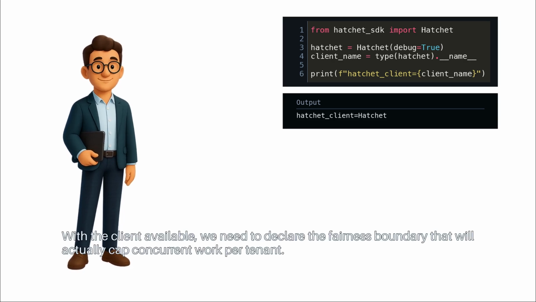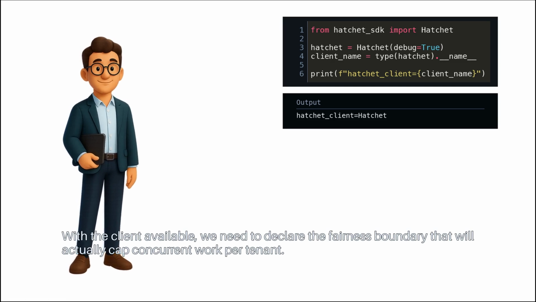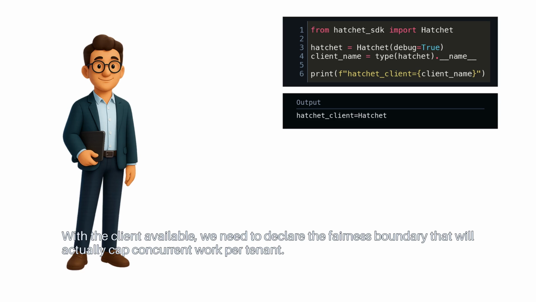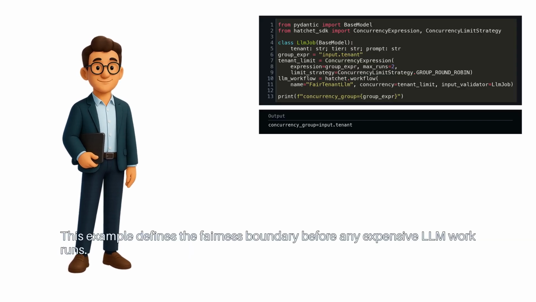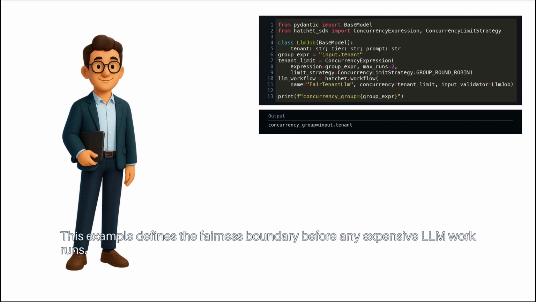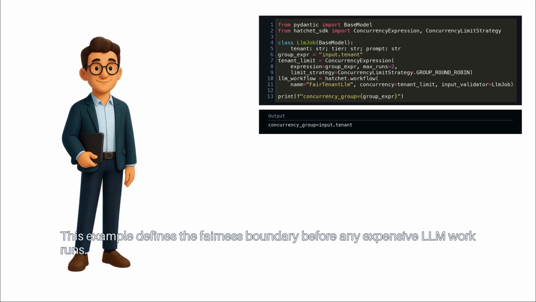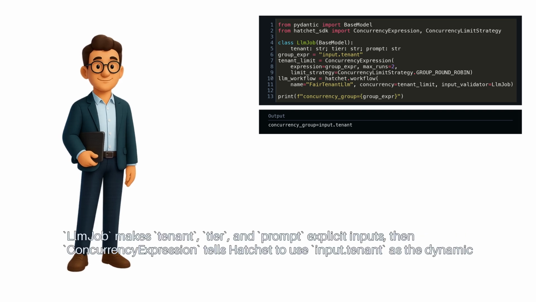With the client available, we need to declare the fairness boundary that will actually cap concurrent work per tenant. This example defines the fairness boundary before any expensive LLM work runs. LlmJob makes tenant, tier, and prompt explicit inputs.